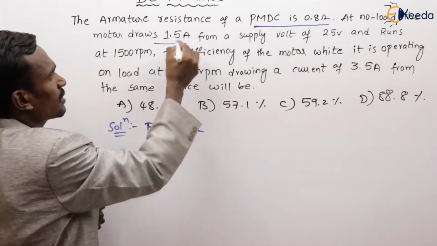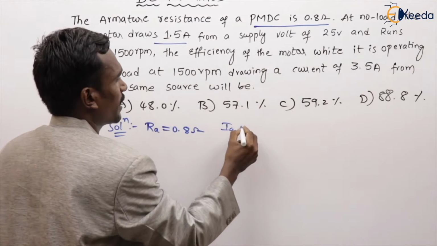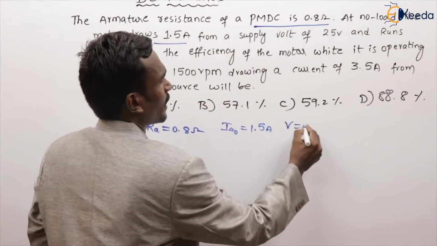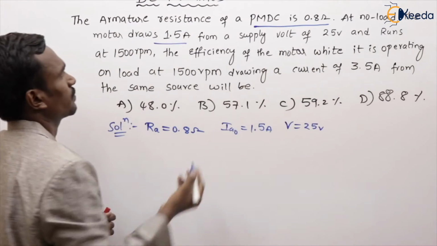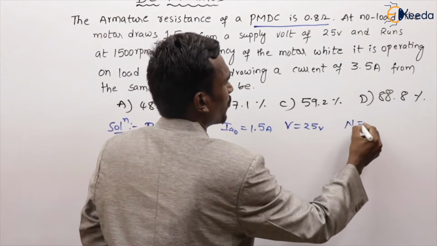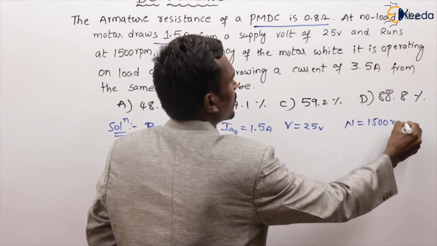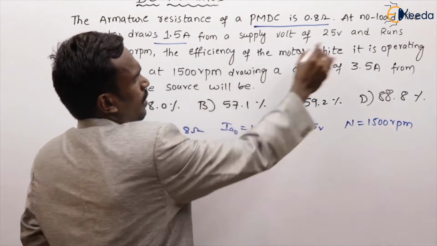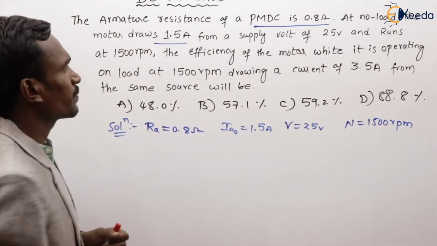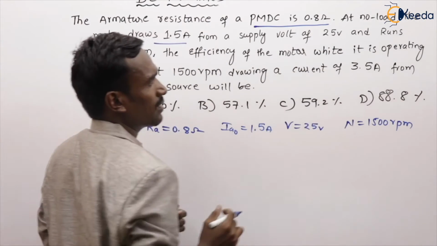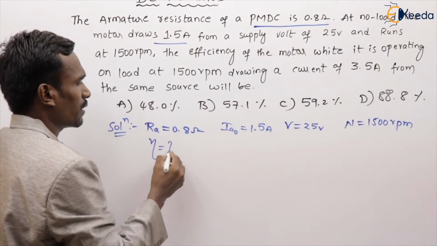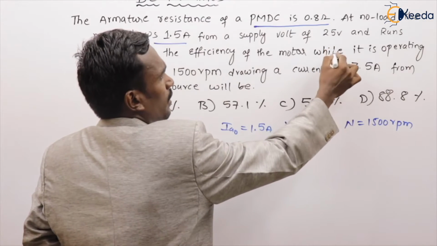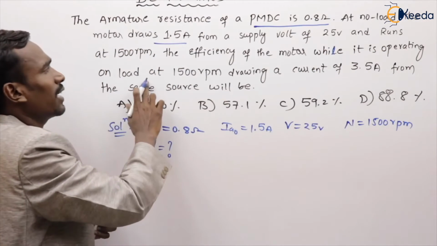At no load it draws an Ia naught of 1.5 amperes, with a supply voltage of 25 volts, and runs at a speed of 1500 RPM. We have to find out the efficiency of the motor while it is operating on load.